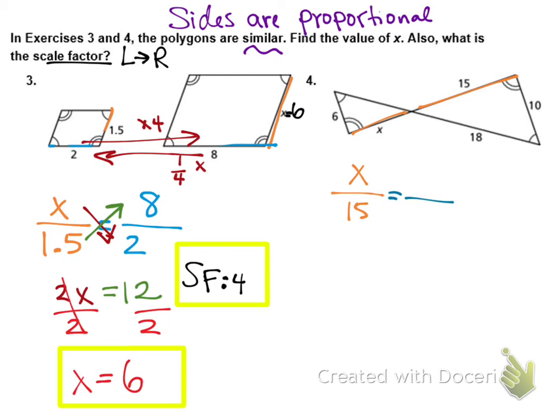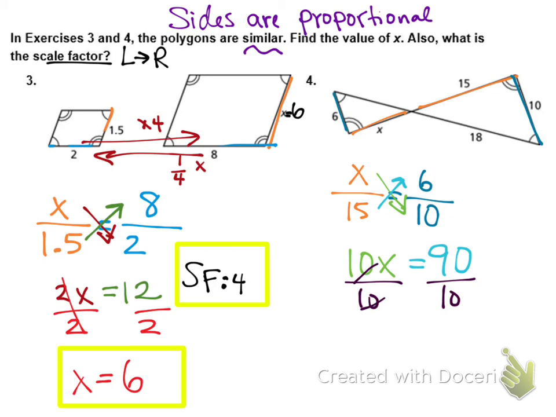So what's going to go in my other numerator? 6, and that corresponds with 10. Cross multiply, you get 10x. 15 times 6 is 90. Divide by 10. x equals 9.